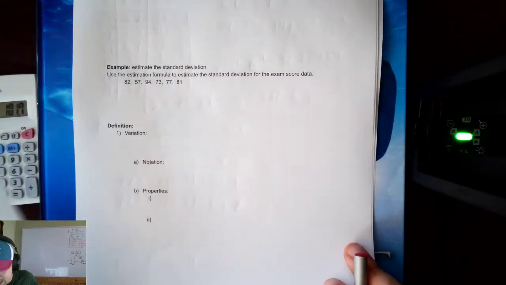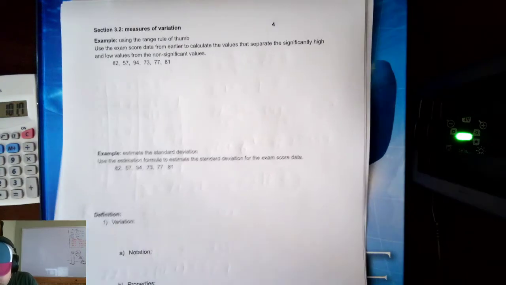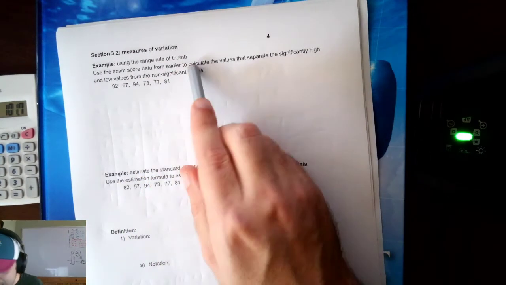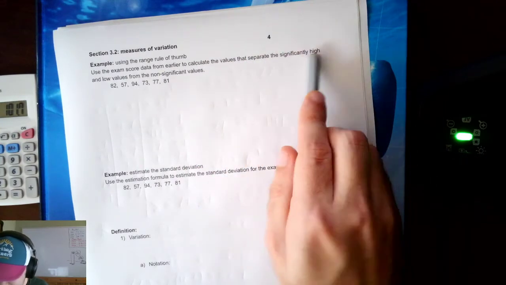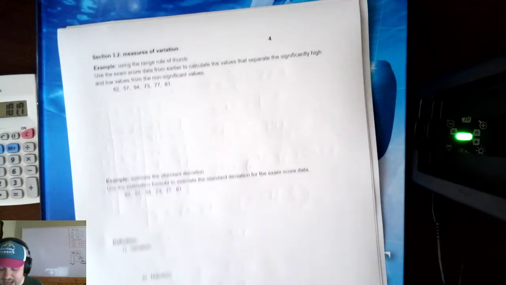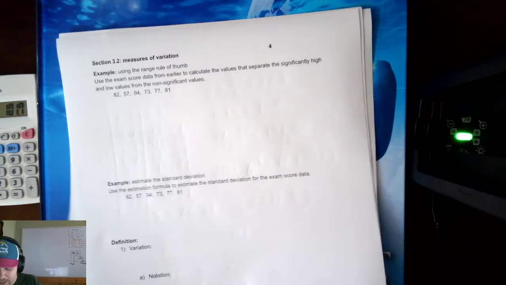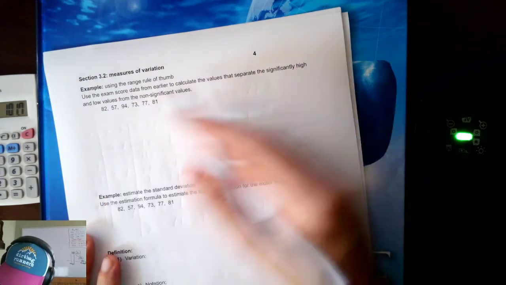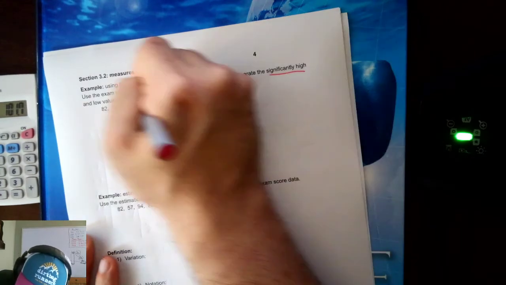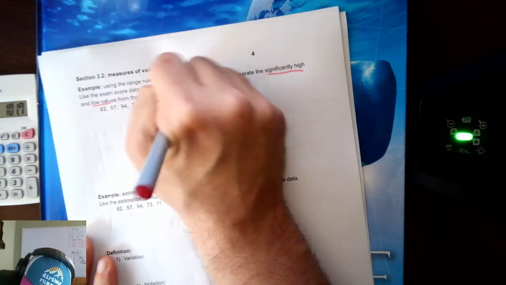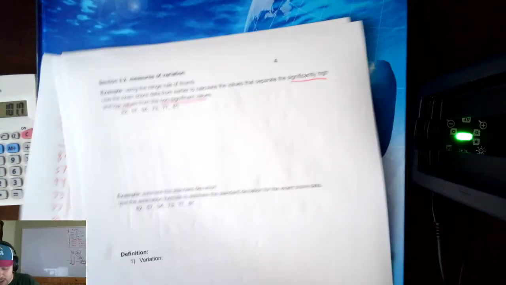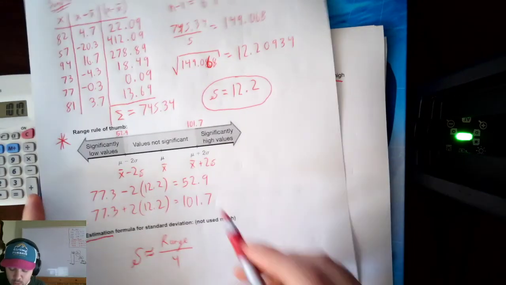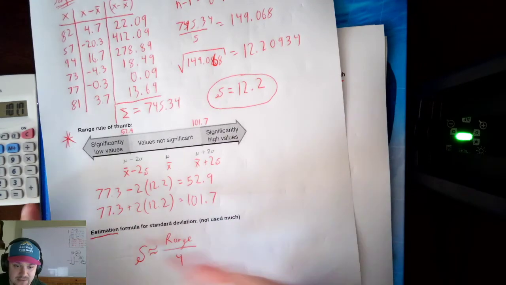Now, let's look here. It says, use the exam score data from earlier to calculate the values that separate the significantly high and low values from the non-significant values. Well, this is where I need to use that range rule of thumb, right? So I'm going to write out what we calculated back here in words now. We want to actually interpret these values.